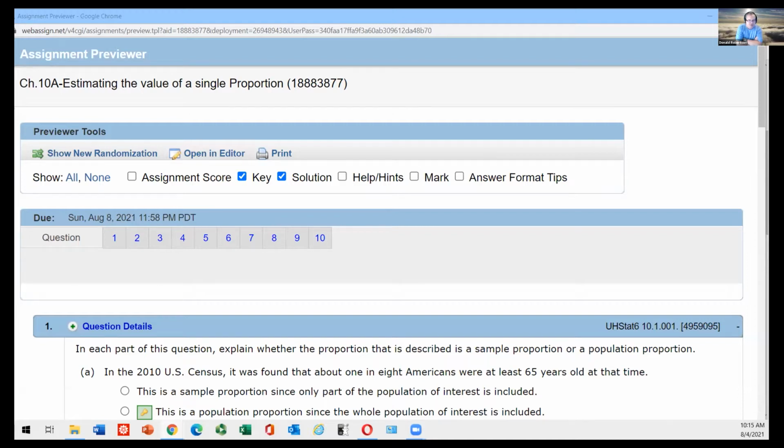And N equals 60. Okay, is that a sample, in which case we're going to be looking at a sample proportion, or is that a population value? What's the right answer for that one? A sample. Right, you're correct. What were the clues for you?